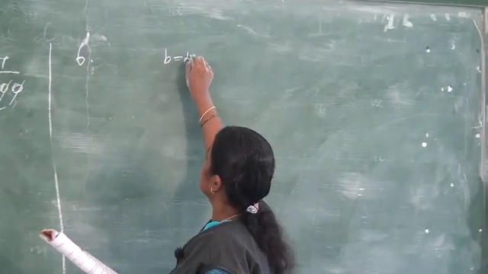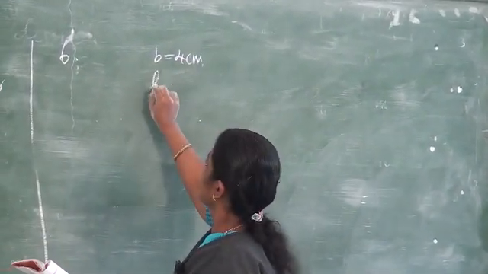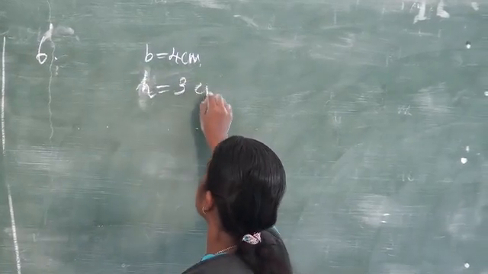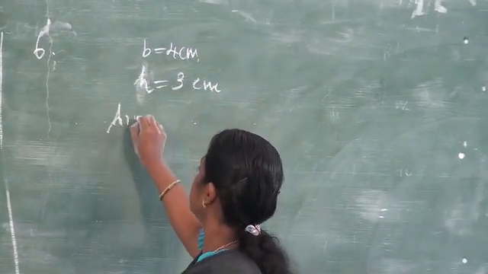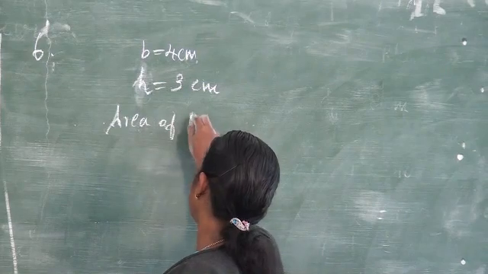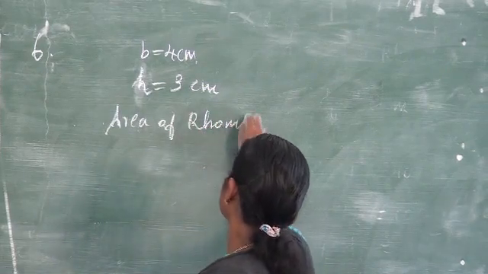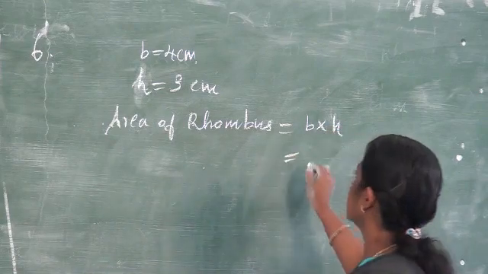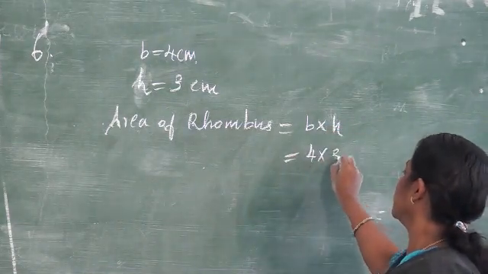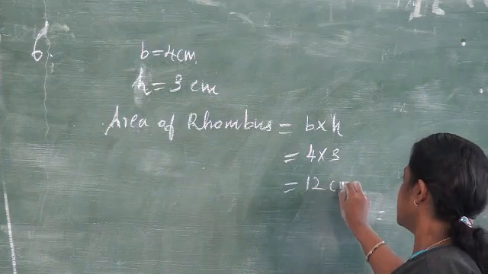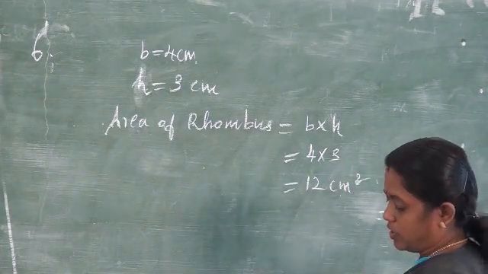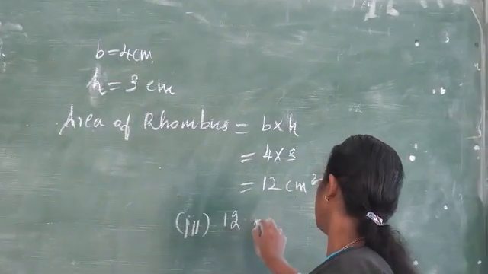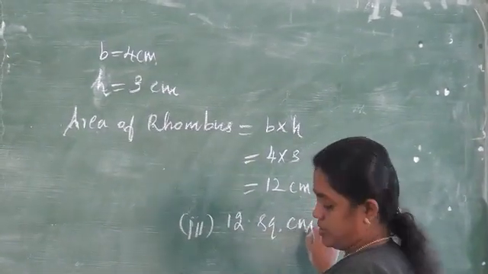Base equal to 4 centimeter, height equal to 3 centimeter. Formula you know: B into H, that is equal to 4 into 3, 12 centimeter square. Our option is the third one, 12 square centimeter.